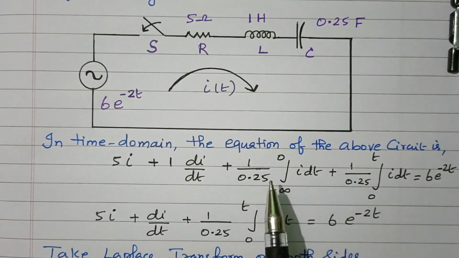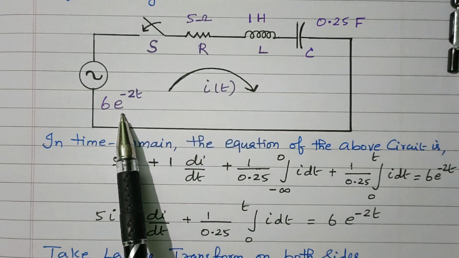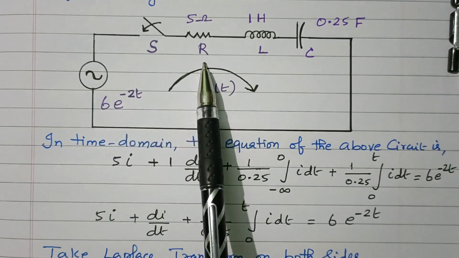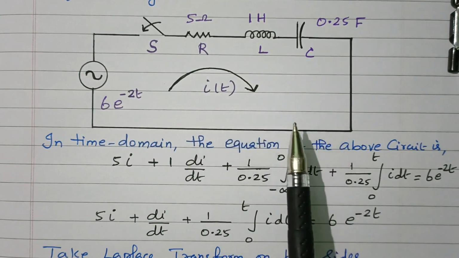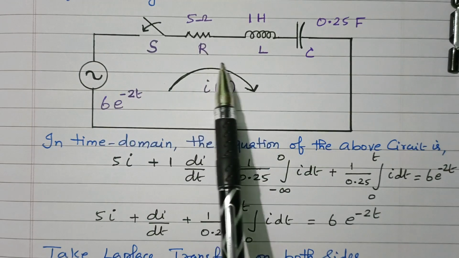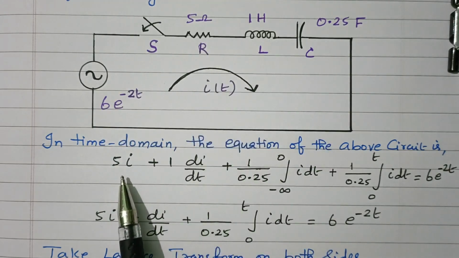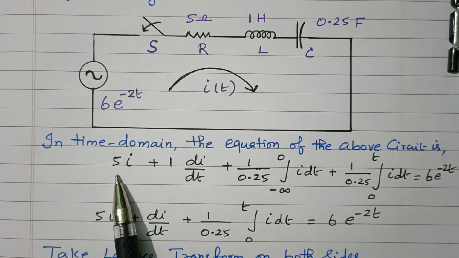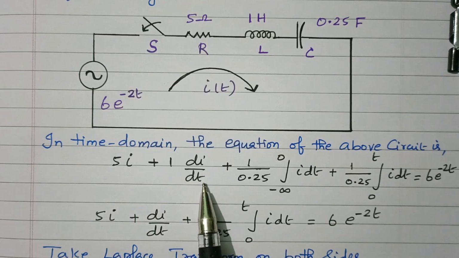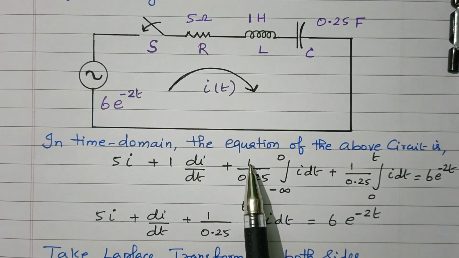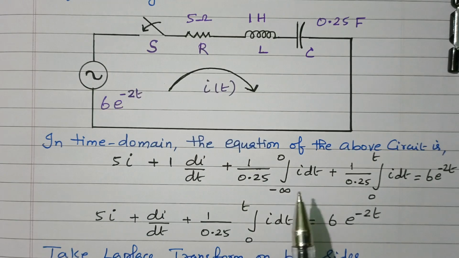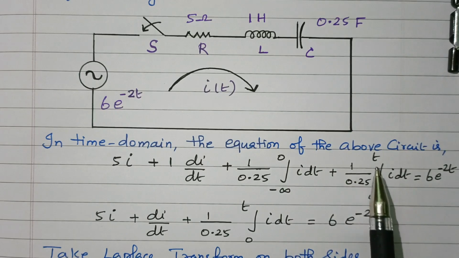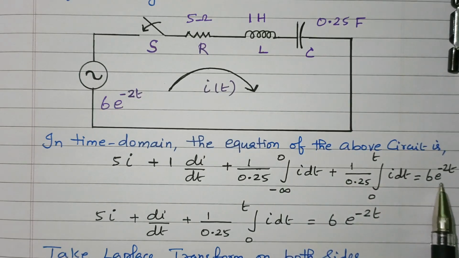The applied voltage, or voltage rise, equals the voltage drop across the resistor, inductor and capacitor. So 5 into i, the voltage drop across the resistor, plus the voltage drop across the inductor, 1 L di by dt, the L value is 1, plus 1 by C integral i dt, the voltage drop across the capacitor, 1 divided by 0.25 integral from minus infinity to 0 i dt plus 1 divided by 0.25 integral 0 to t i dt, equal to 6 e power minus 2t.